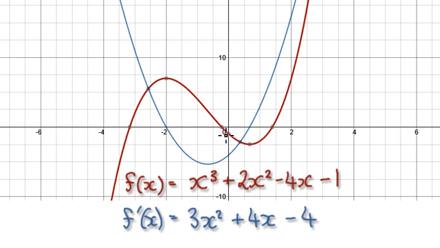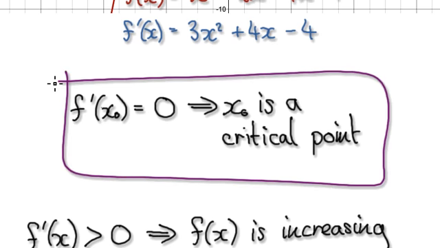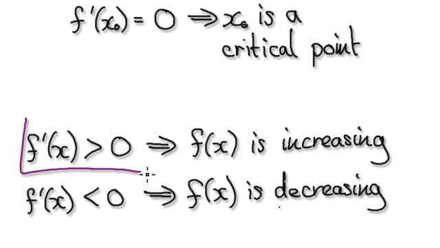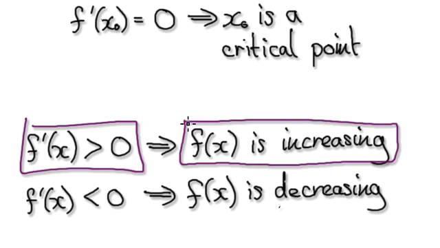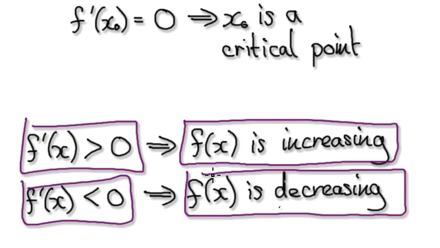So in the previous video we've established this. In this video, when f prime is greater than 0, the original function can only be climbing. And when f prime is less than 0, the original function can only be going downhill.